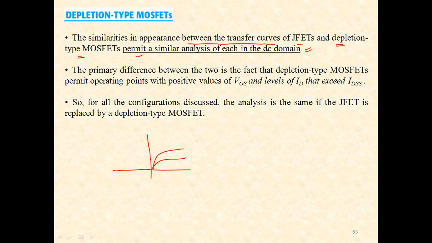So if I just say that these are the characteristics of a JFET, that's the characteristic of a JFET, then we'll be plotting the transfer characteristics like this. Fine. And if I draw the same thing for a depletion type MOSFET, then I will be getting similar characteristics.